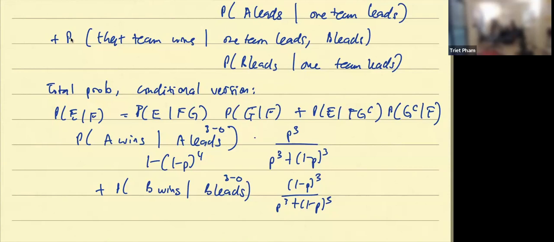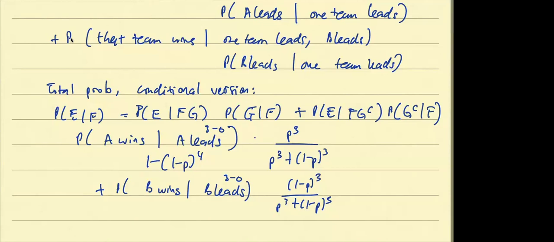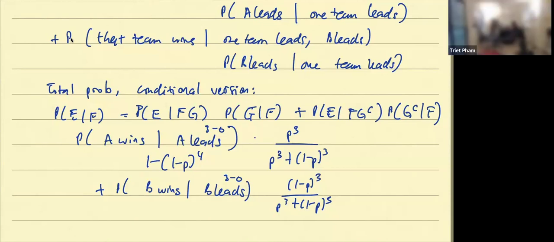So the complement of that is the probability A wins at least 1 game in the last 4. Is that okay? And then of course, this times that, and by the same logic, this times that. Any question about this problem?